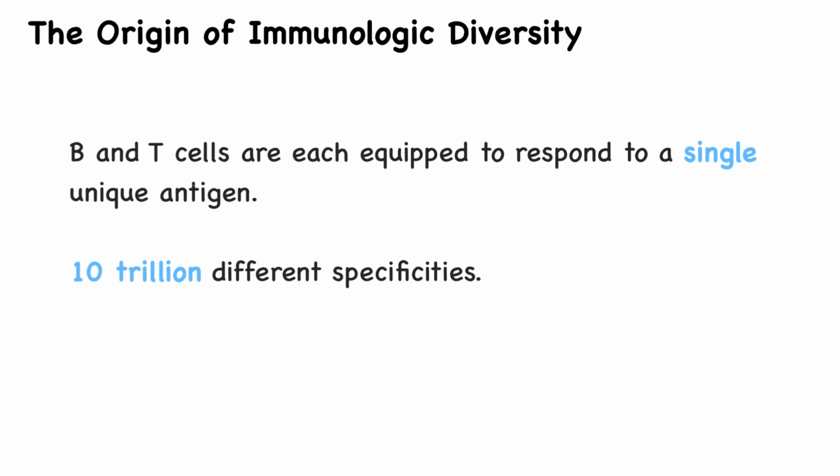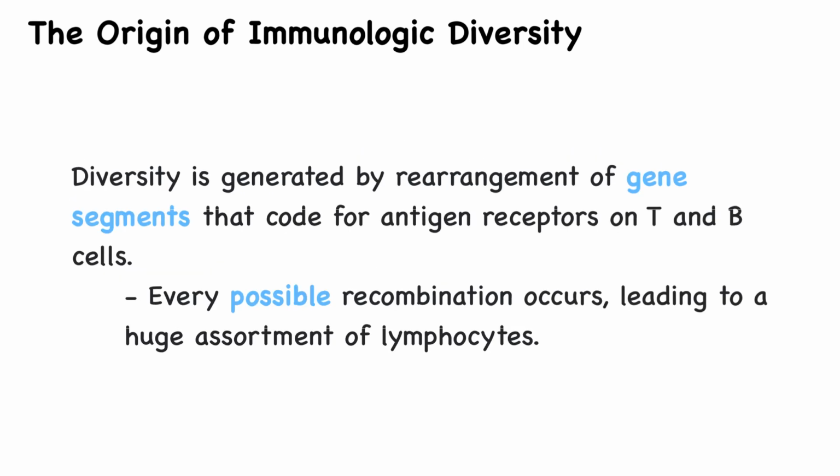However, the body contains trillions of different lymphocytes, each one with a different specificity, allowing the immune system to recognize up to 10 trillion different antigens. This incredible diversity is generated through genetic recombination and variation during lymphocyte development, ensuring that the body is prepared to respond to virtually any pathogen it may ever encounter.